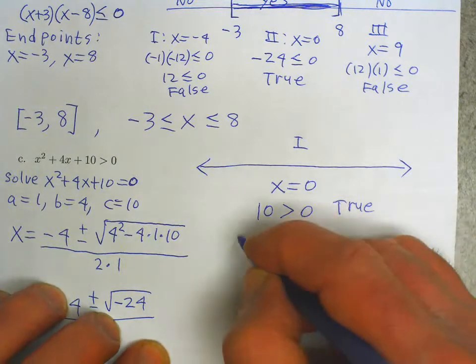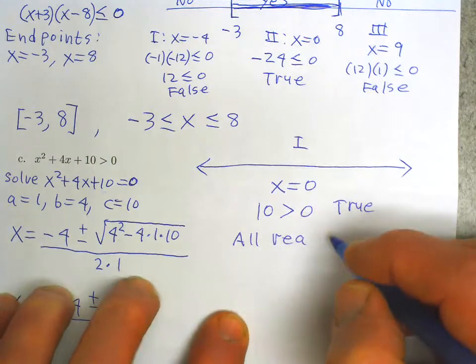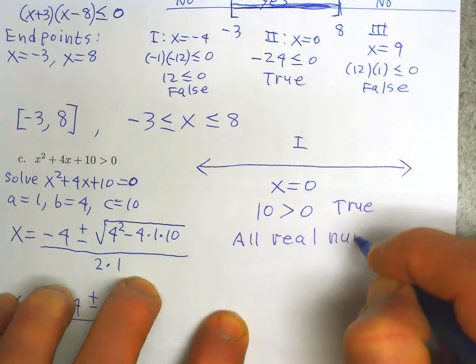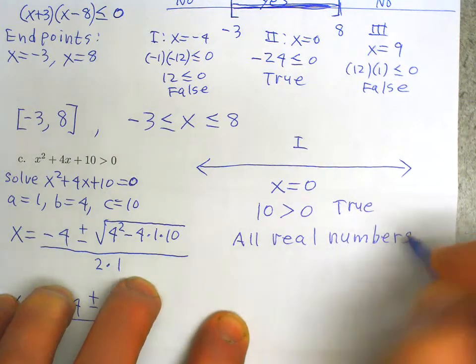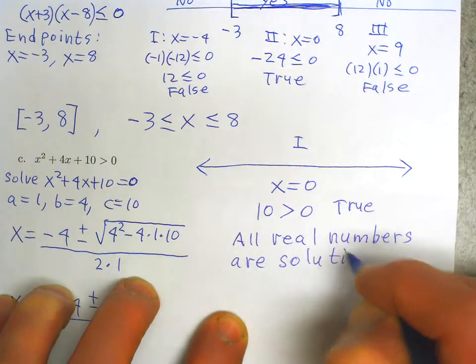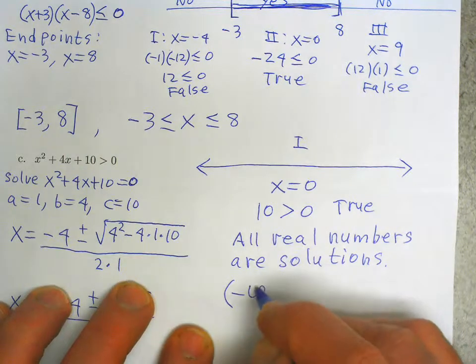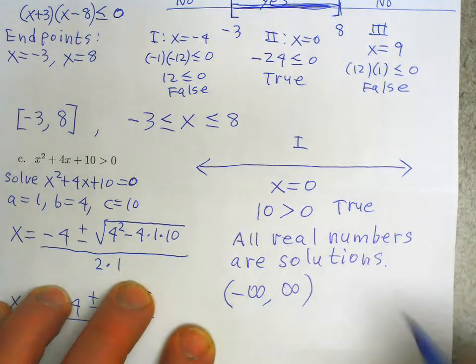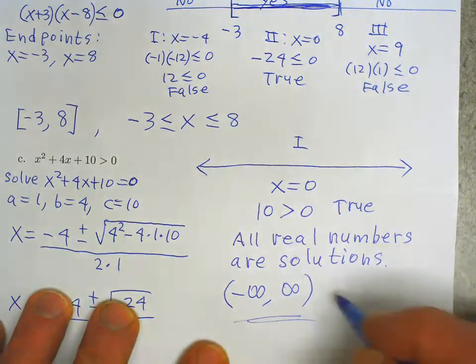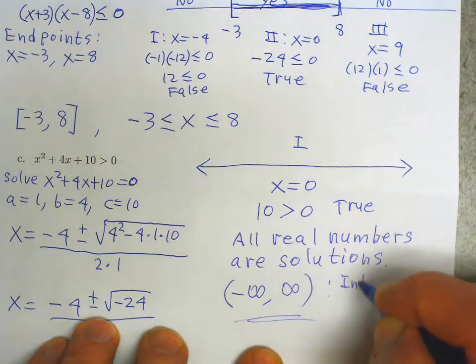So in words, you could say all real numbers are solutions. The interval notation for all real numbers is parenthesis -infinity, comma, infinity, parenthesis. That's the interval notation for the set of all real numbers.